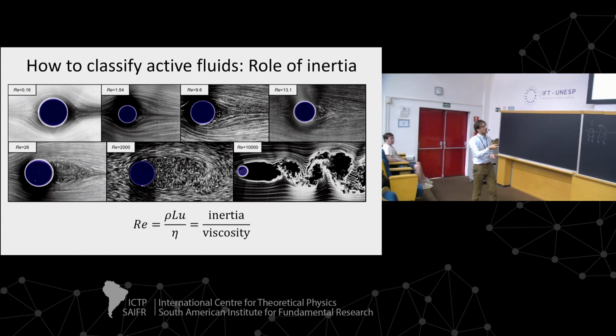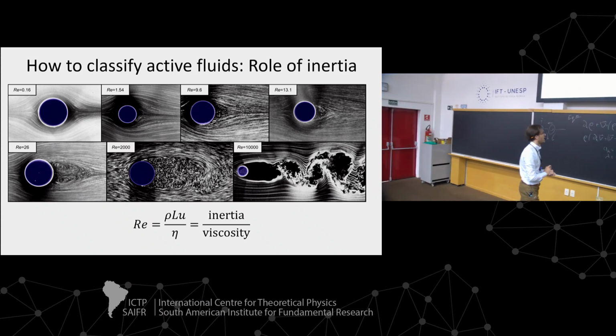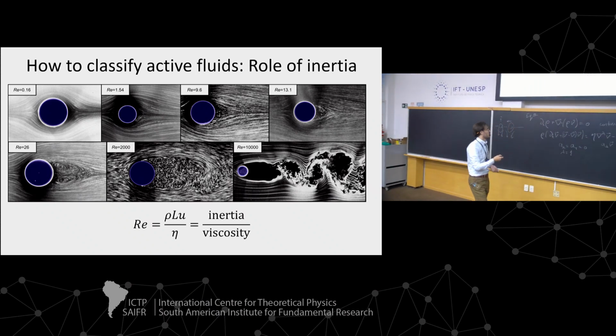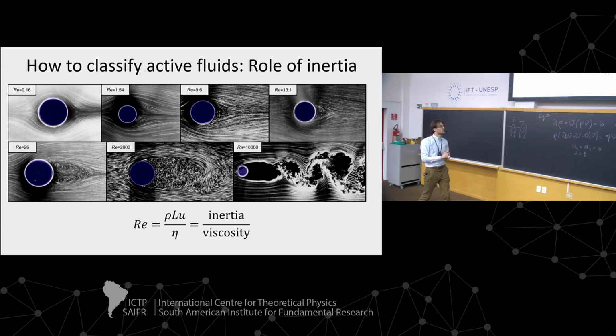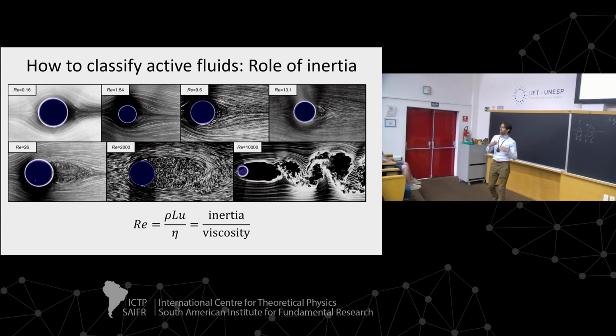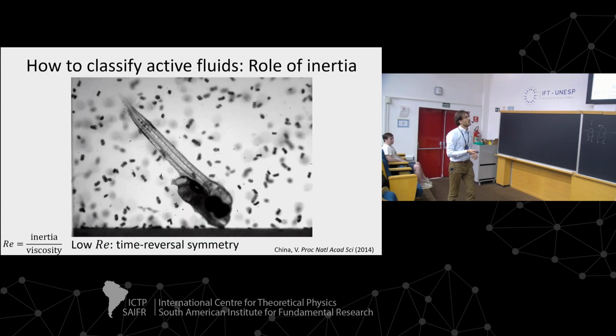It's the relative effect of inertia and viscosity for a fluid. In some sense, it's the only dimensionless parameter in the Navier-Stokes equations. In active matter, often we can't reduce everything down to just one Reynolds number to understand whether inertia is important.